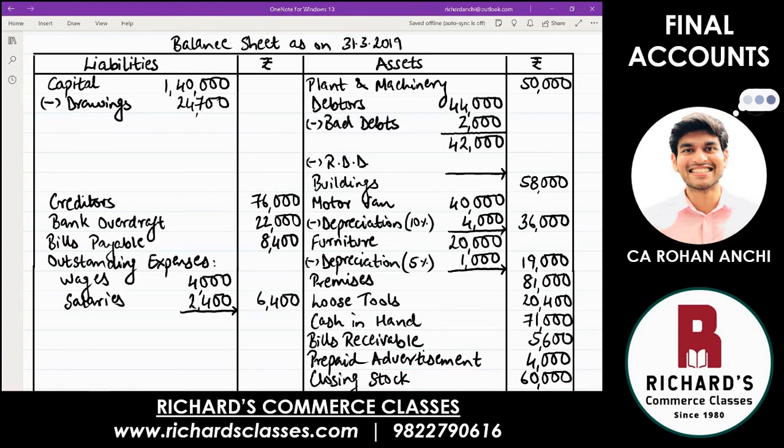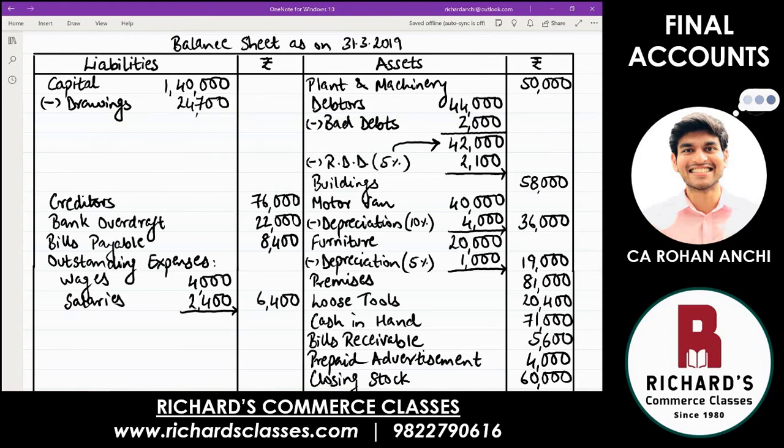And that rate, they are saying, create at 5%. And now when you create 5%, that will be on the new balance. That's why always do the adjustment of bad debts first. Adjust the balance of debtors and get the correct balance first. Then apply the rate of 5%. So now find out 42,000 into 5%. What is the value? 2,100.